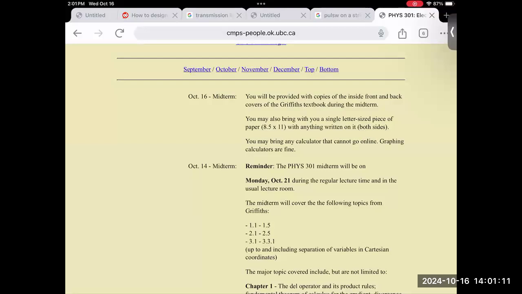And you can bring a calculator. My only restriction is that it can't connect to a network, go online. So graphing calculators are fine. Honestly, it's unlikely that a calculator will be very helpful, but you can bring it in case there are some numbers we have to punch in.